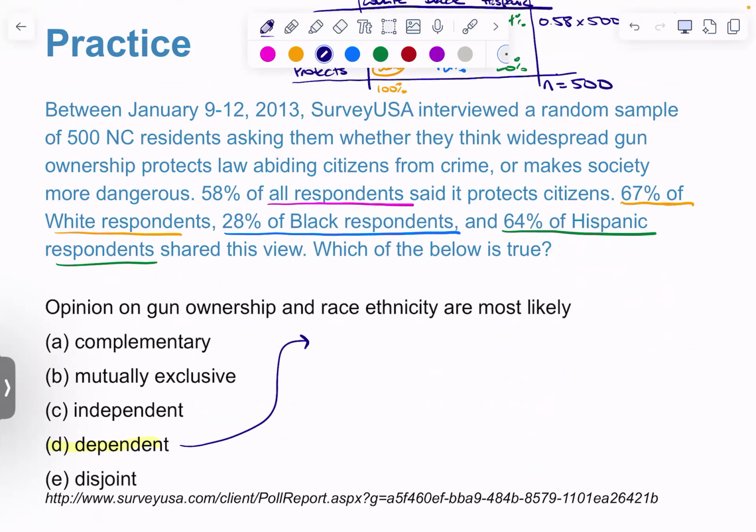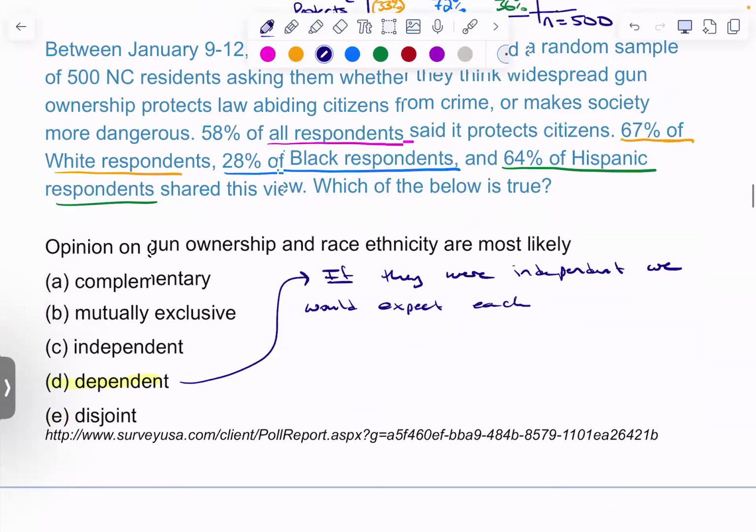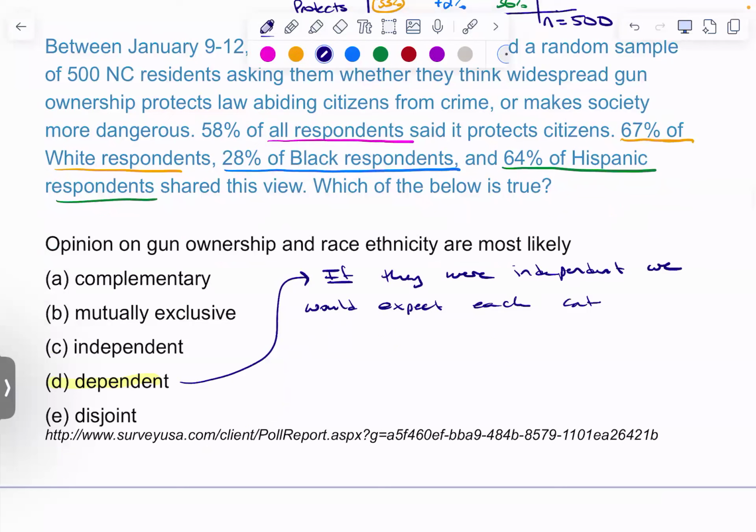If they were independent, we would expect each of the categories to be close to the overall 58%.